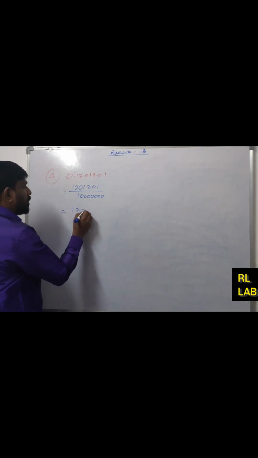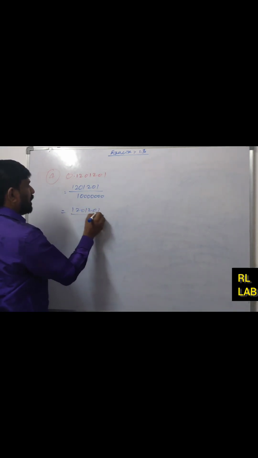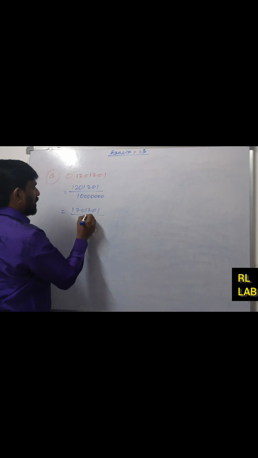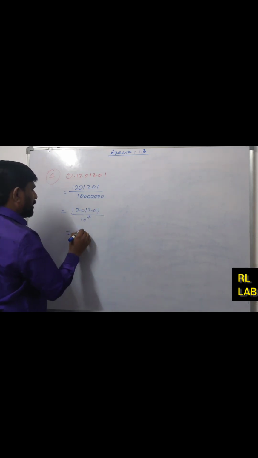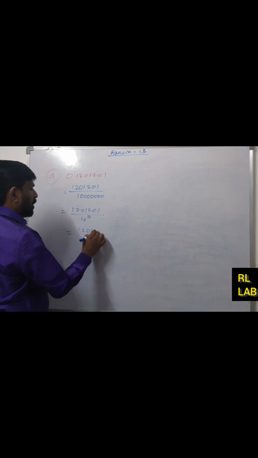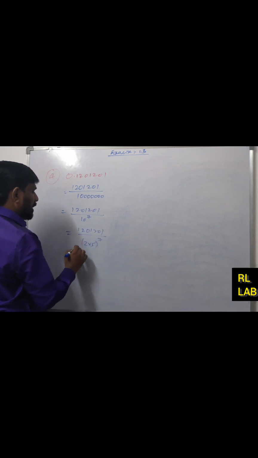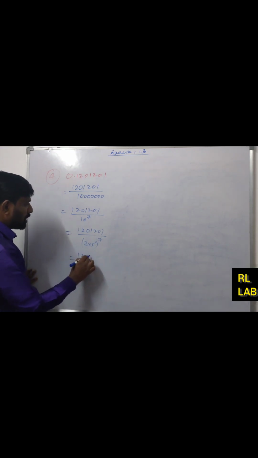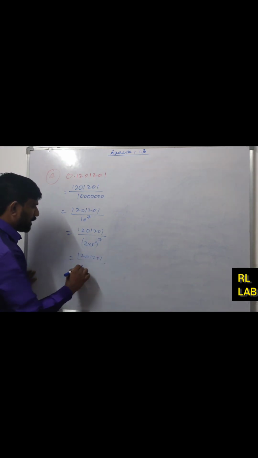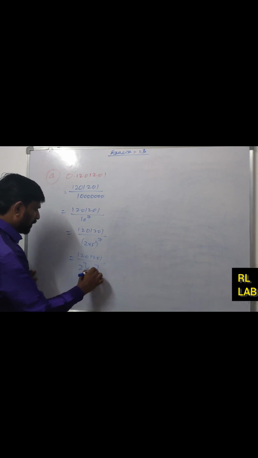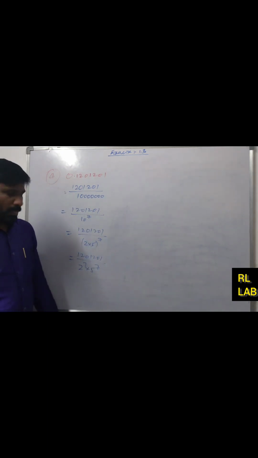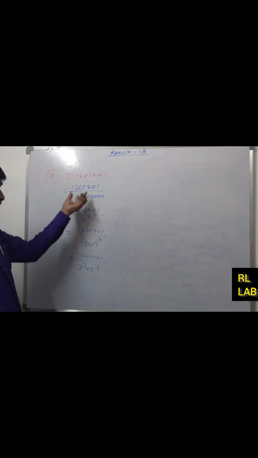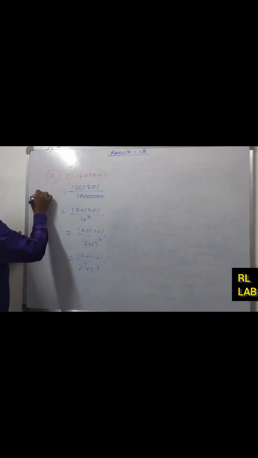So 1201201 by, this is 10 to the power 7, 1, 2, 3, 4, 5, 6, 7. So it can be written as 1201201 by 2 into 5 whole to the power 7. So 1201201 by 2 to the power 7 into 5 to the power 7 is the P by Q form.